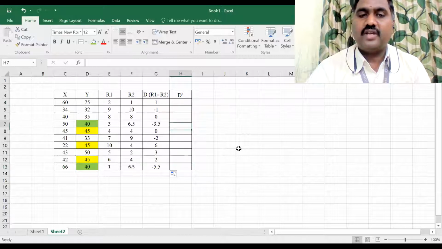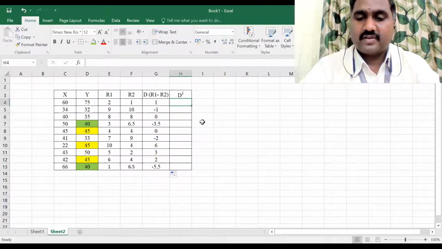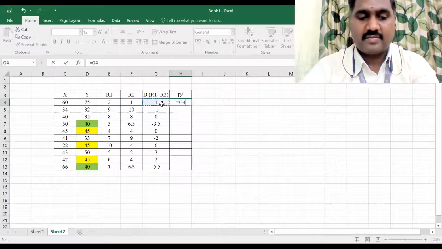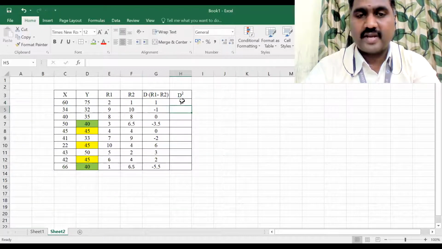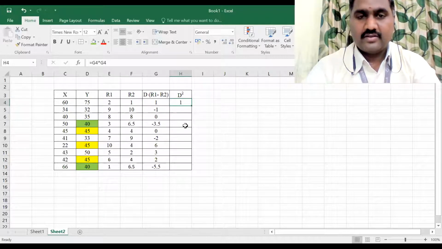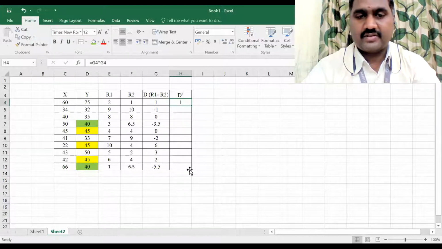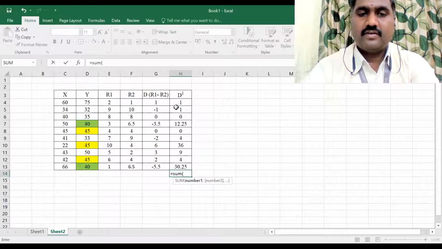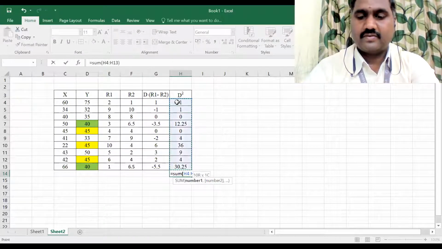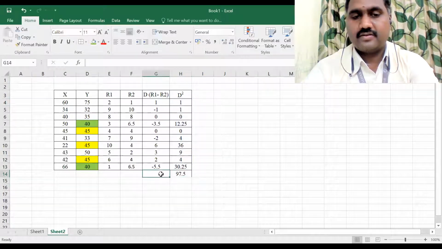Now we need to find the D square. Since I'm using Excel and applying the formula, please don't do the same; you can do the manual calculation. If you square D, you will get D square. Then I need the summation of this value to this value. I got it.